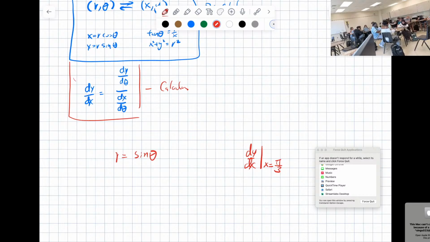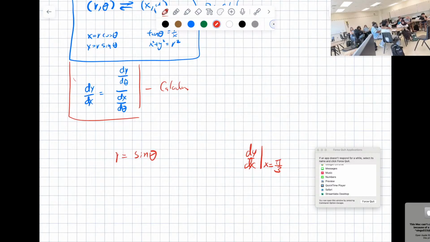On the AP exam, you are going to get some type of situation. They will give you a polar equation, r equal to sine theta, and dy/dx when theta equals pi over 3. That means you have to take a derivative and plug in pi over 3. But the problem is, do I have x and y here?